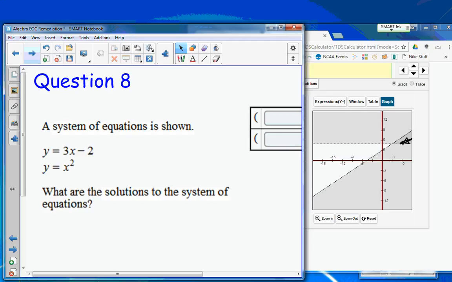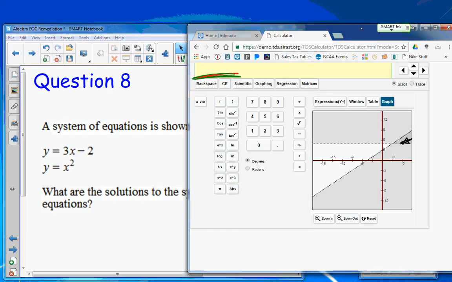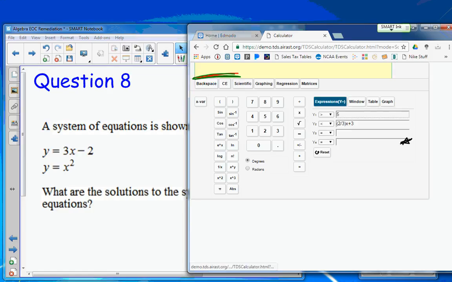So let's go over here to our graphing calculator. Go back over to our input, and we're going to put y equals 3x times 2.